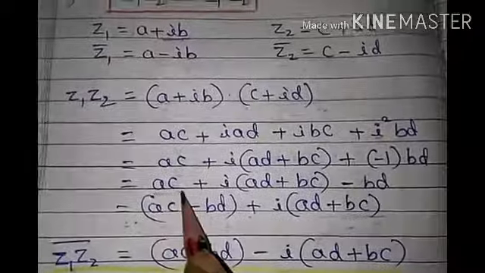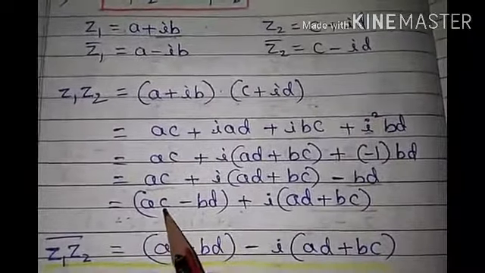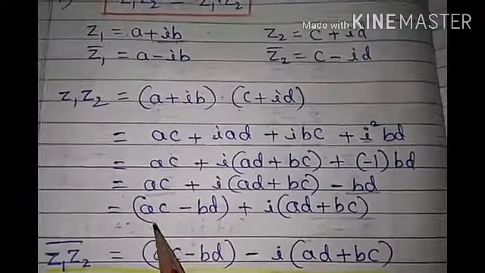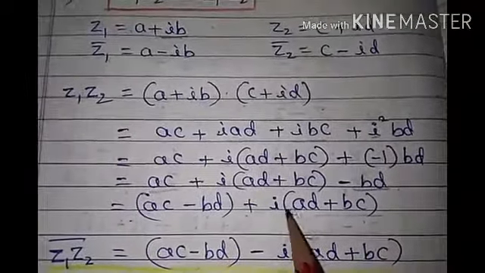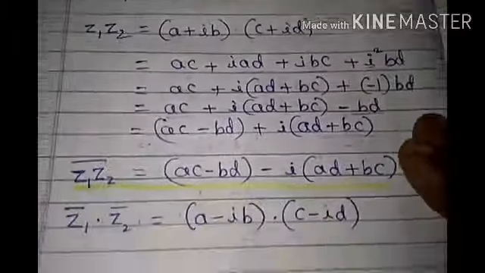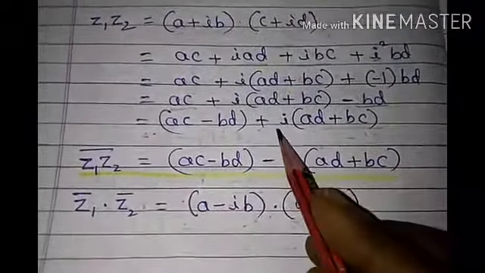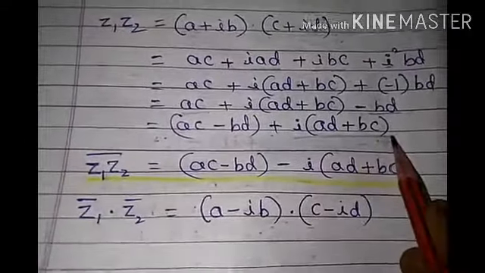Now add the real parts together, ac minus bd plus i into ad plus bc. This is in the form of complex number a plus ib. Now z1 z2 whole conjugate equal to, change the sign of the imaginary part.